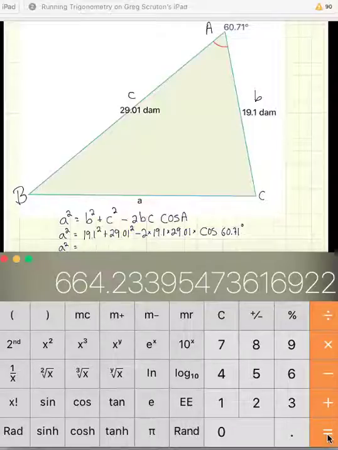Remember, this is A squared though, right? So A squared is 664.2339. I'm going to round the 9 up to a 10, so 664.2340.